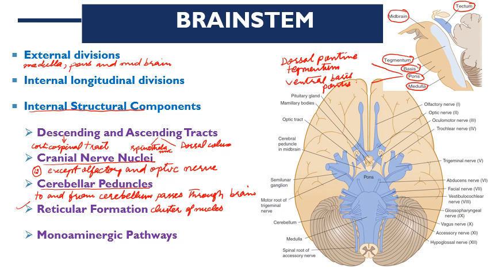Number one, dorsal tegmentum, number two, ventral tegmentum, and the third portion where nuclei are present, these are central and inferior nuclei located in the medulla.